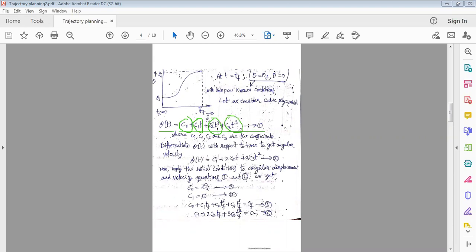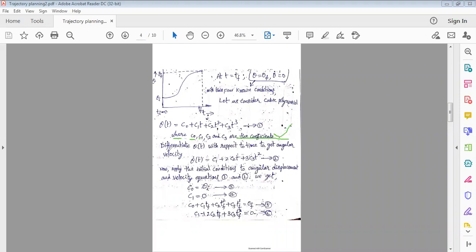Together these four terms are known as the cubic polynomial function, where C0, C1, C2, C3 are the coefficients, which are constants.